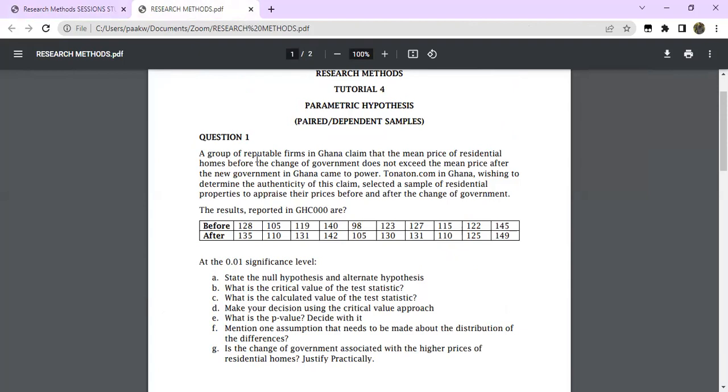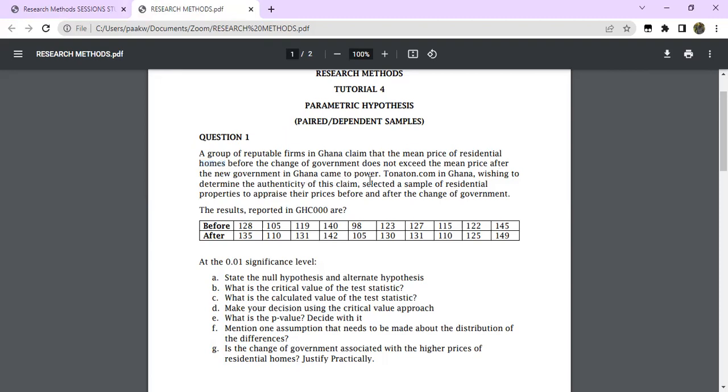A group of reputable firms in Ghana claim that the mean price of residential homes before, you see that this one before is here, and already the before and after will be given to you in a table, in tabular form like this. A group of reputable firms in Ghana claim that the mean price of residential homes before the change of government does not exceed the mean price after the new government in Ghana came to power.